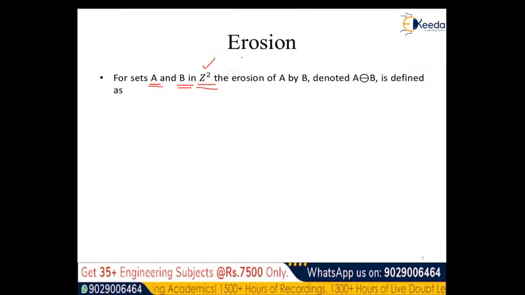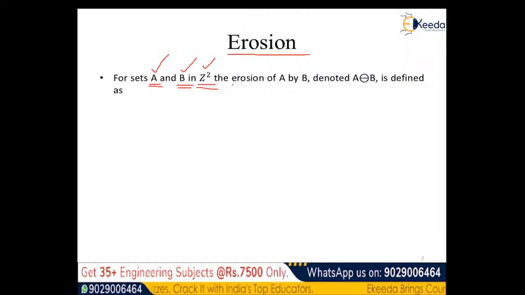So here we are required to perform erosion of the original image. Let us say capital A is the original image and B is the operator image that operates onto the original image to find the eroded version here.